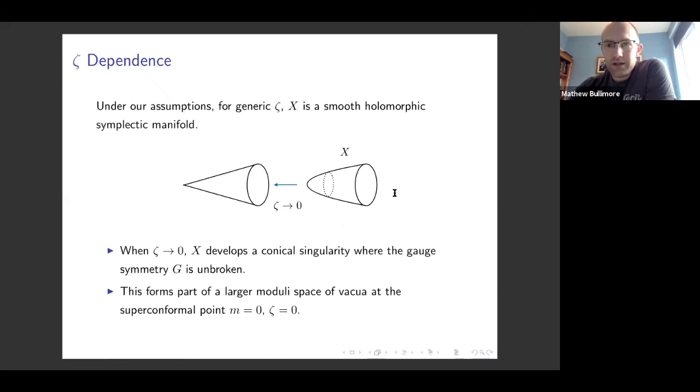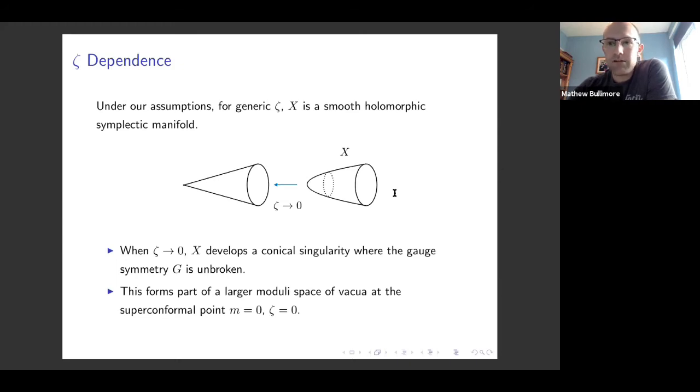So before I give an example, let me just give a kind of cartoon picture as to how to think about these spaces. Under our assumptions, if the Fi parameter is generic, then the space that I get is a nice, smooth, holomorphic symplectic space with these structures. And then what happens is, as the Fi parameter tends to 0, the space becomes kind of conical.